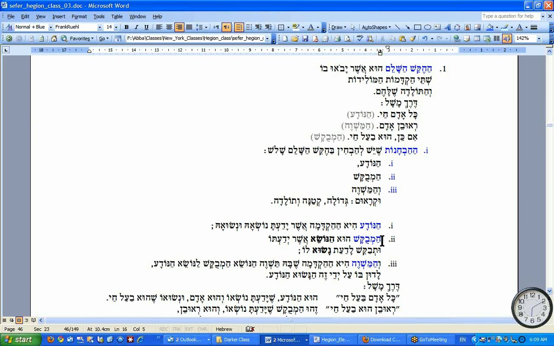The mavukash, what you're asking for, what you're trying to determine, is some statement where you know the subject. U tavakesh ladas nasu. You know the subject, and you want to know what the predicate is. Okay? So that's called a mavukash.